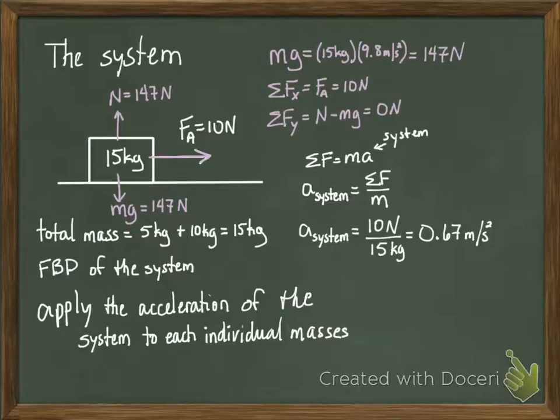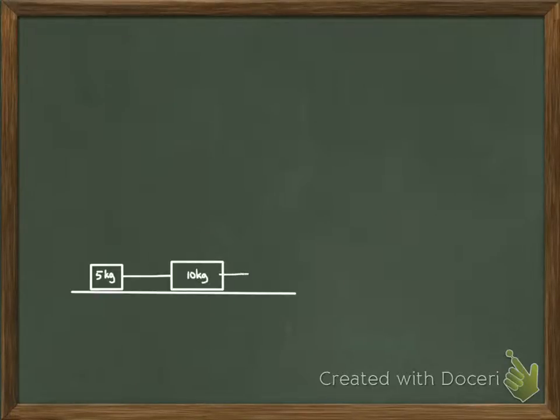I'm going to go ahead and redraw the original scenario here. So I've got my two masses attached by string. Here is the 5 kilogram mass. Here's the original 10 kilogram mass. Let me just go ahead and draw my forces back in.